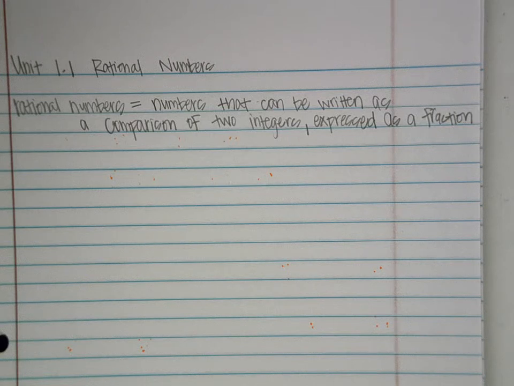Basically numbers that have negative numbers. Let's say it one more time, but everybody needs to listen. They're basically numbers on the number line, and they're positive and negative numbers.